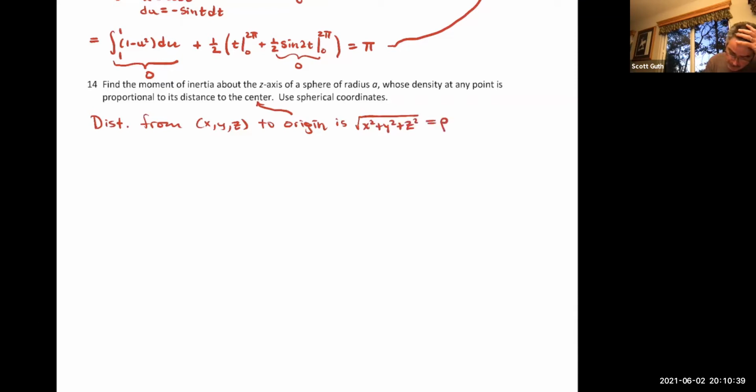So the density function delta of x, y, z, the mass density, is proportional to the distance to the center. So we can say it is some constant of proportionality k times rho, the distance to the center of the sphere.